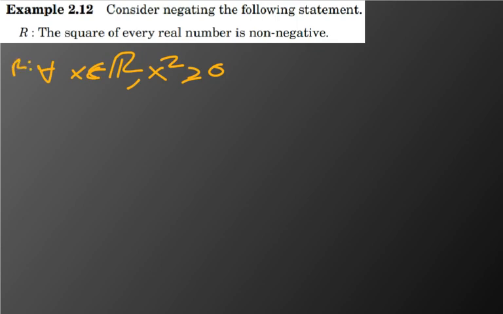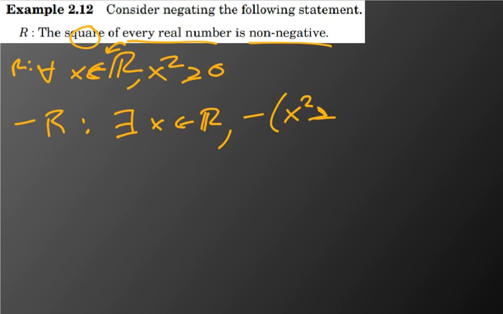That's what it says: for every real number, you know that the square is non-negative, or greater than or equal to 0. So if you were going to negate this, you would get there exists x in R such that not x squared greater than or equal to 0 happens. Or just say there exists x in R where you have x squared less than 0.